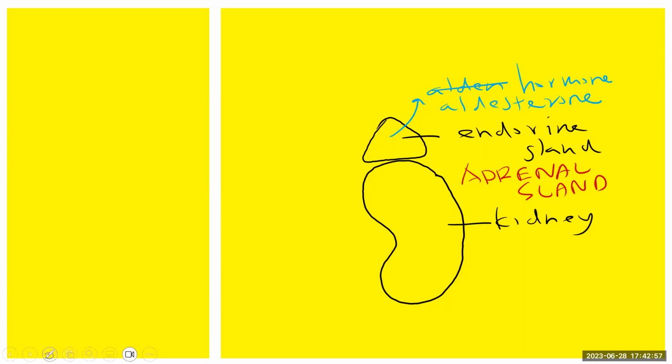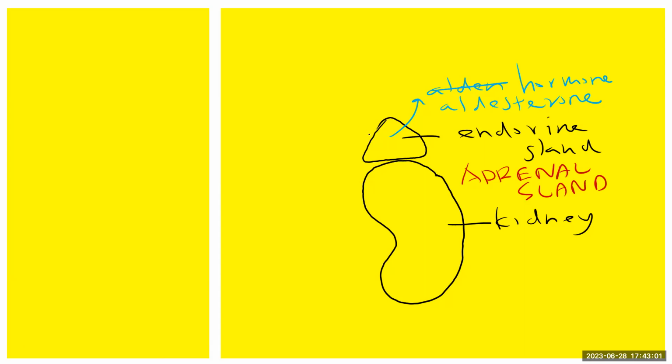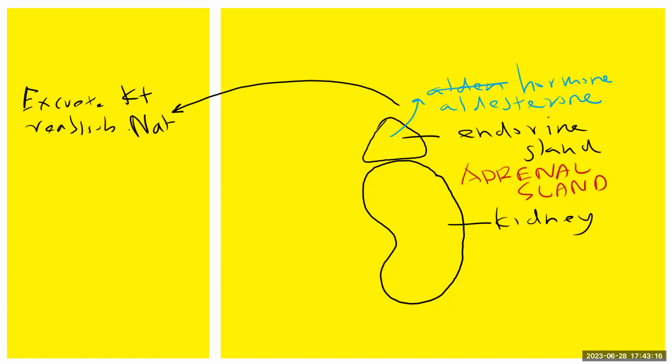Right now, what is the function of the aldosterone hormone? The aldosterone hormone excretes potassium ions and reabsorbs sodium ions. The sodium ions in the filtrate are responsible for osmoregulation.